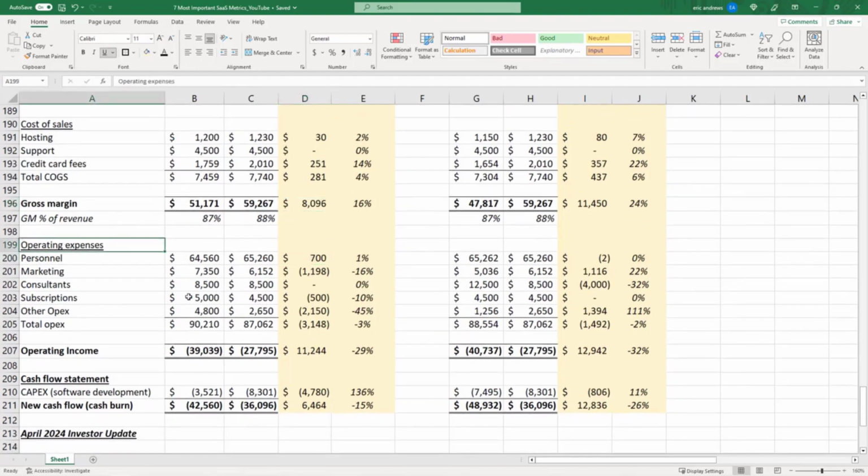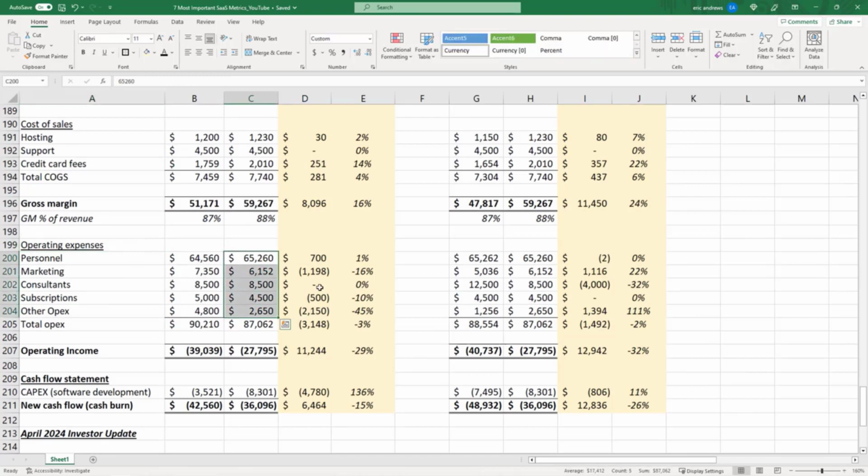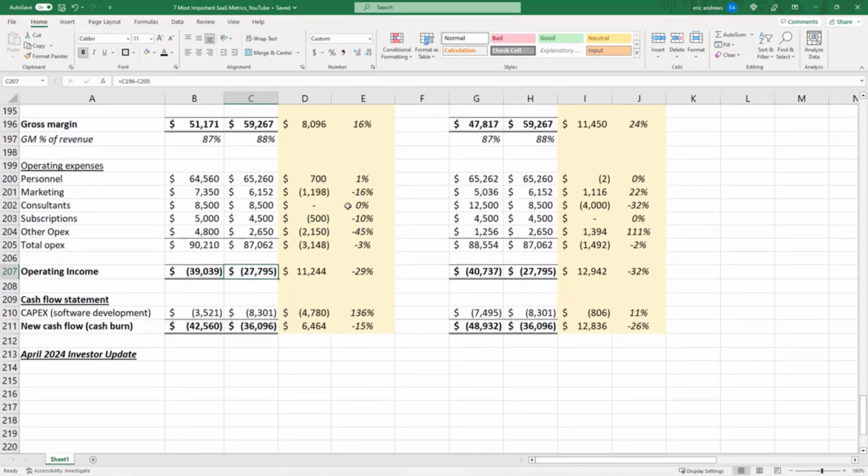In terms of operating expenses, we were generally under, by about $3,000. So that's good news. Operating income outperformed on the gross margin and outperformed on the expense side. But one thing is that your operating income doesn't reflect your cash flow, because if you're capitalizing software development and things like this, it doesn't flow through your income statement in the same way that it's hitting your bank account.